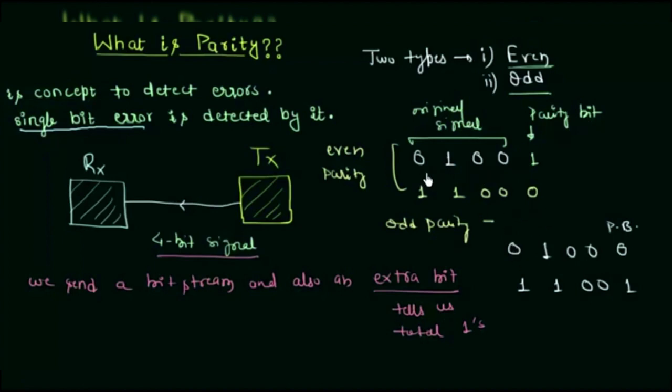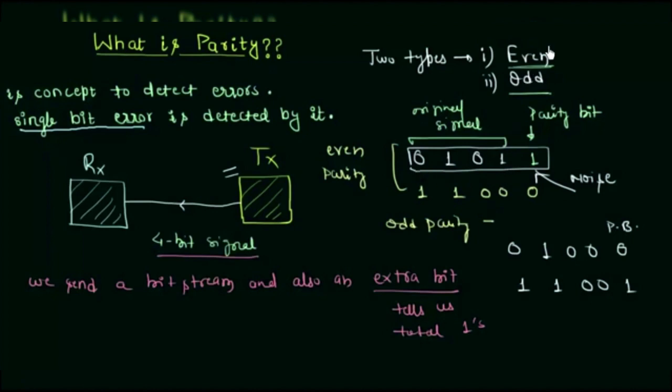Let's say in this particular case, noise has been added in the channel, and because of that noise, this last 0, that is our LSB, becomes 1, which was actually 0 before. This parity was already set at the transmitter's end as 1 depending upon the signal 0 1 0 0, but now because of the noise, the last 0 is now 1.